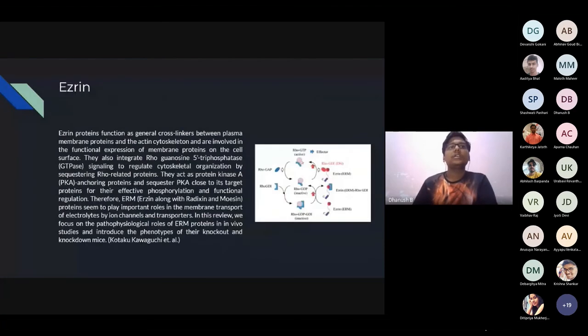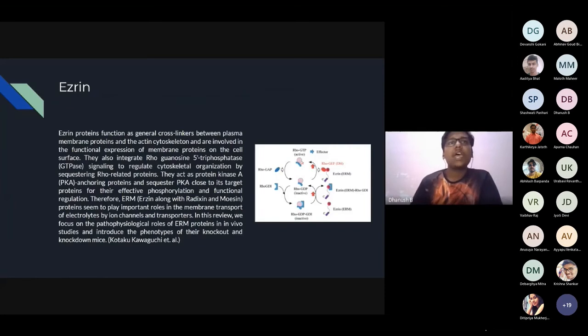Ezrin, another protein which functions as a cross-linker between the plasma membrane proteins and the actin cytoskeleton, is involved in functional expression of the membrane proteins on the cell surface. These integrate with Rho guanosine triphosphate, called GTPase signaling, to regulate cytoskeletal organization by sequestering Rho-related proteins.